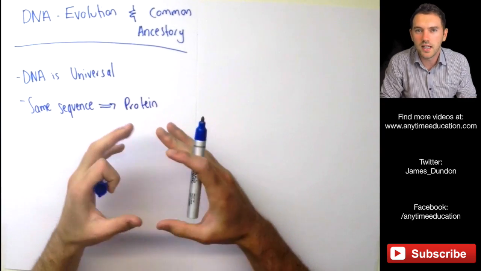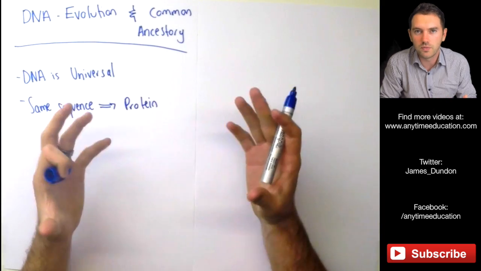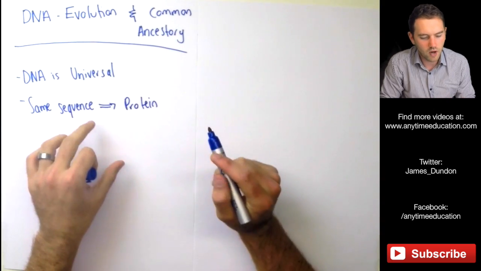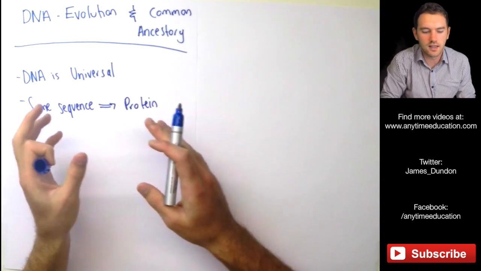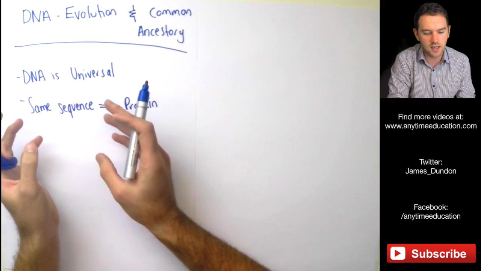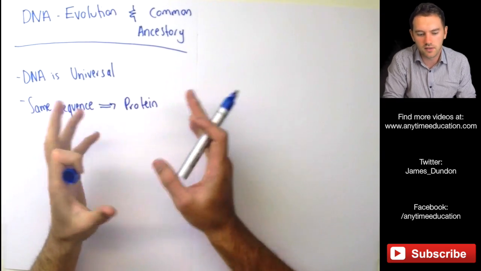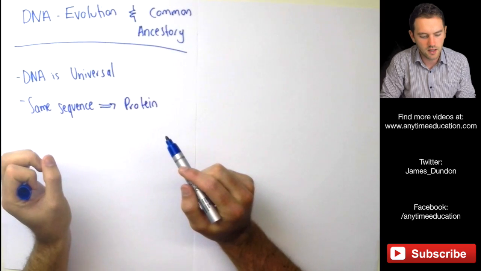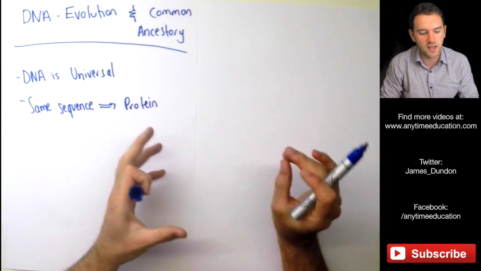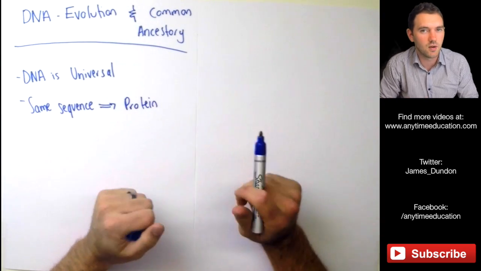Now, if there wasn't any connection between all species, why is that the case? Why can't a section of DNA in one species code for a different combination of amino acids than another species with the same sequence? It doesn't happen that way in nature.